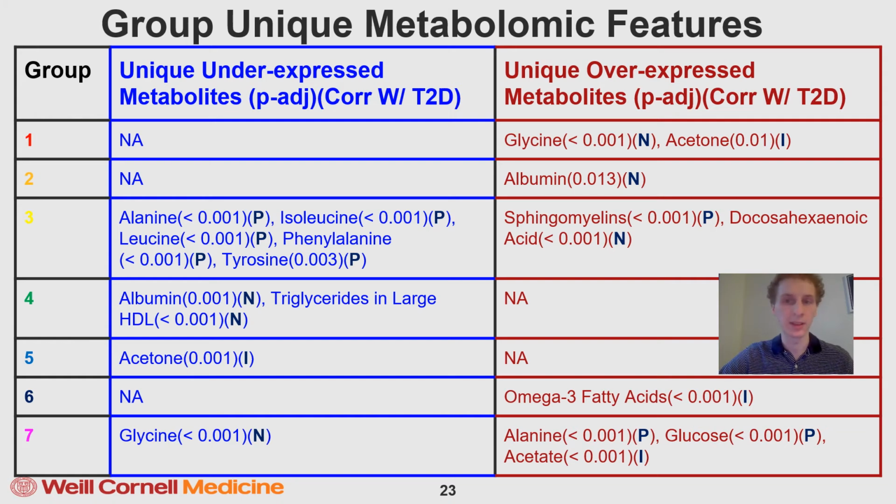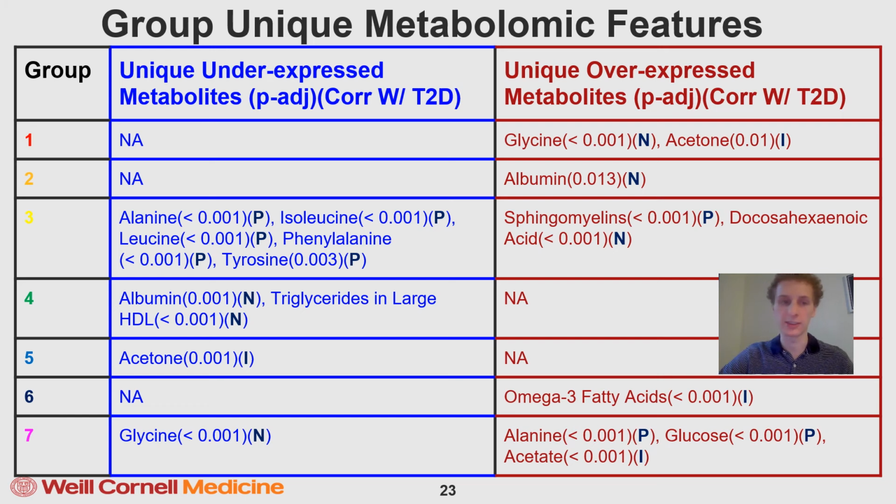And what we find is specific metabolites to each group that have either a positive, a negative, or an inconclusive correlation with type 2 diabetes found in previous literature.